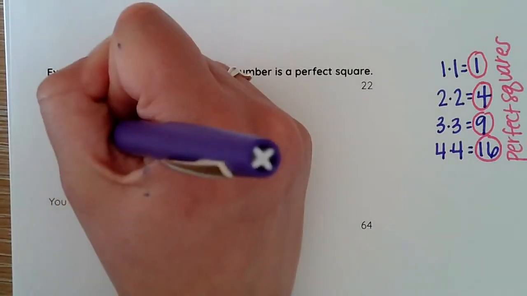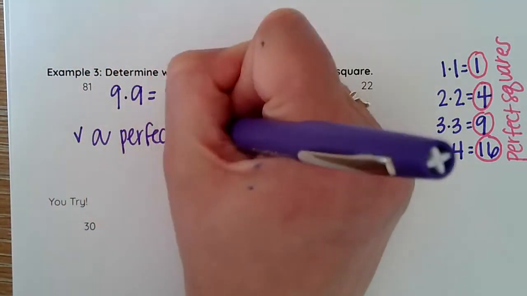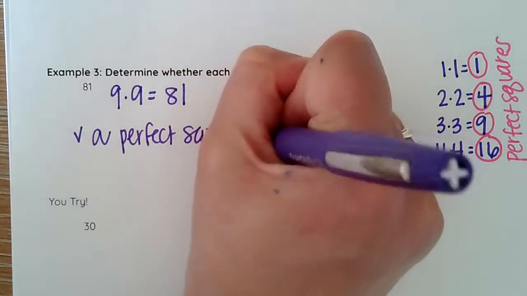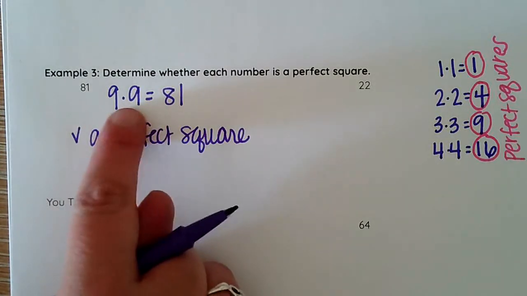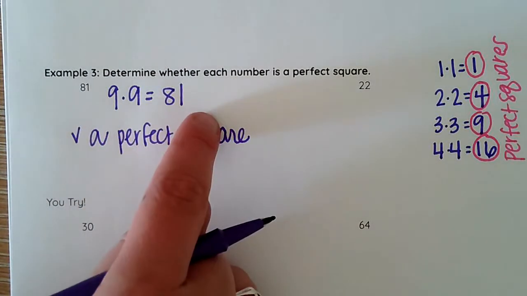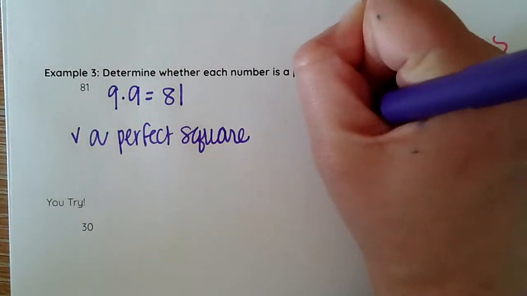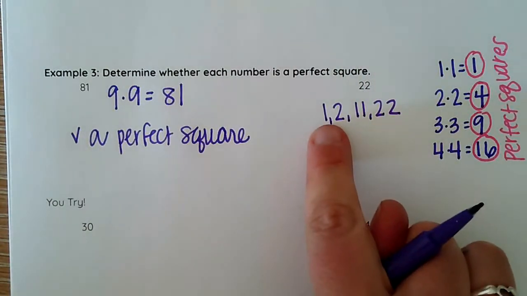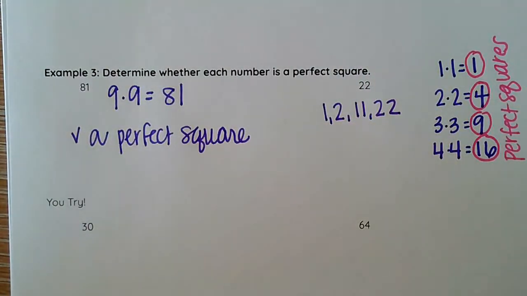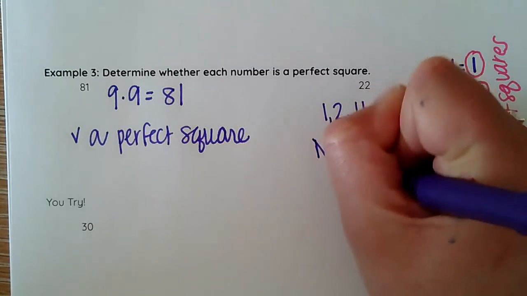Therefore, it is a perfect square. 81 is a perfect square. A number is multiplied by itself one time to get us that number, it's a perfect square. If I think about the factors of 22, 1, 2, 11, and 22, none of these multiplied by itself, nothing multiplied by itself will get us 22. So this is not a perfect square.